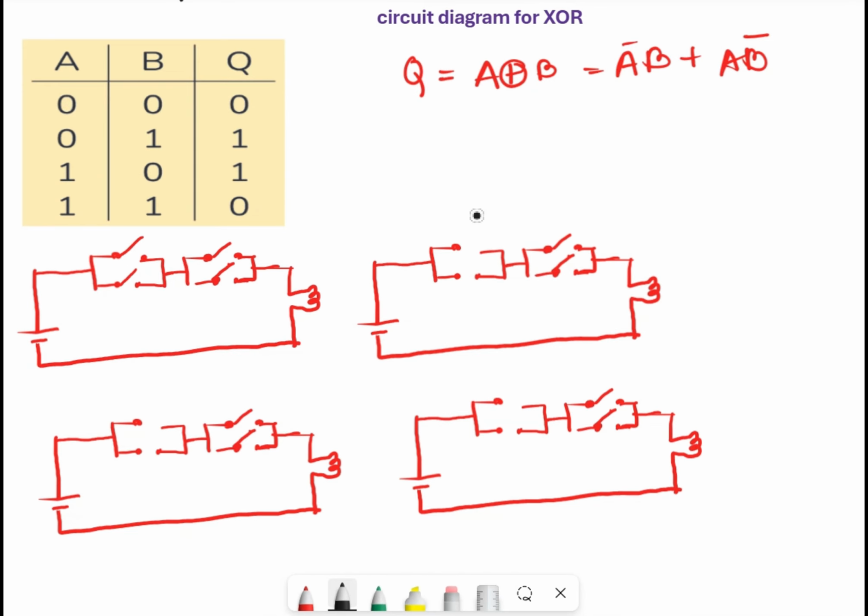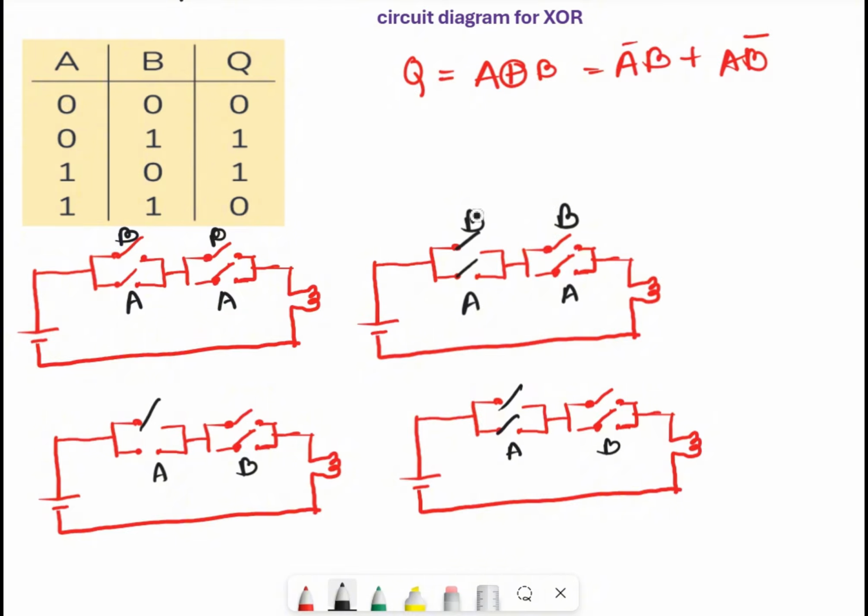So let's consider this is A and this is B, same as this is A and this is B. Let's draw the switches A, B, A, B, A, and B.